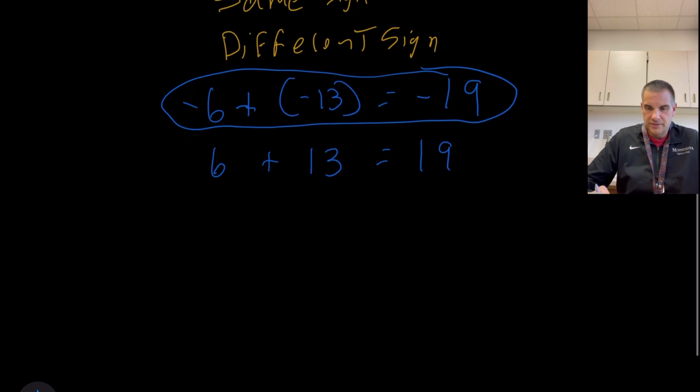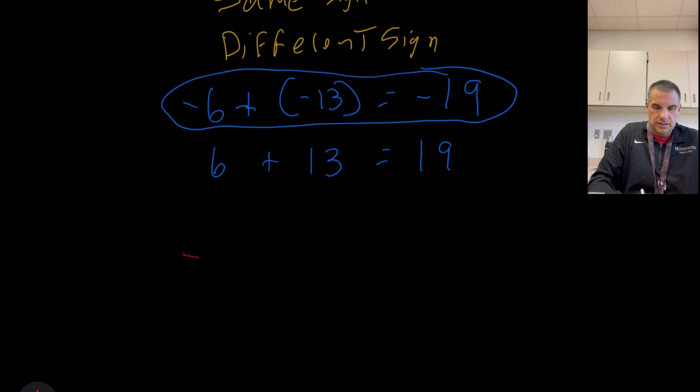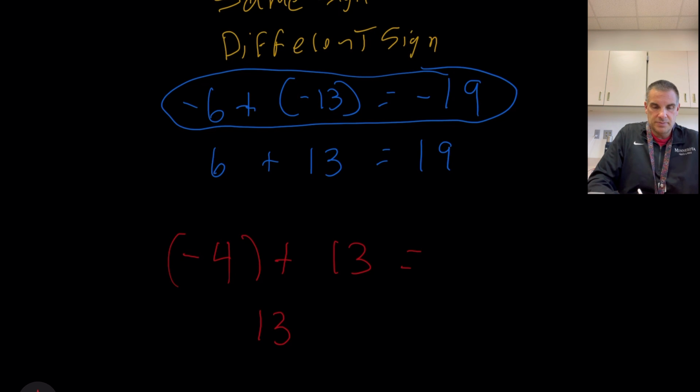So what if they have different signs? Let's say we have something like, I'll do it in red, -4 plus 13, and we want to figure out what that equals. Again, you're probably going to get out the calculator, but mathematically you're going to take the absolute value of the bigger one minus the absolute value of the smaller one. So the absolute value of 13 is 13.